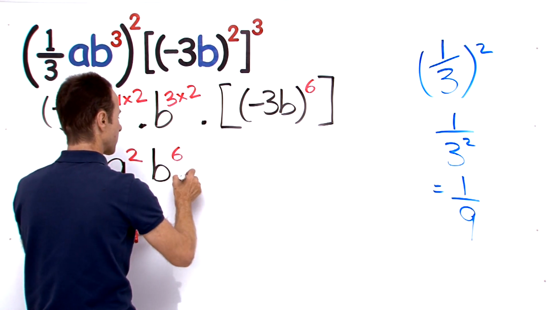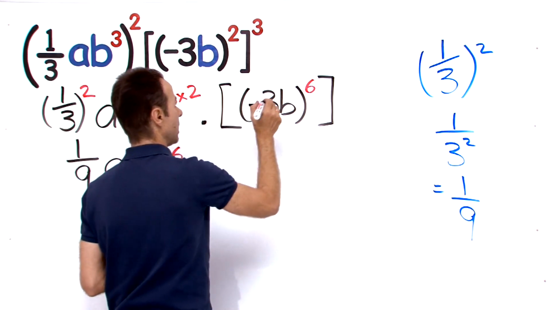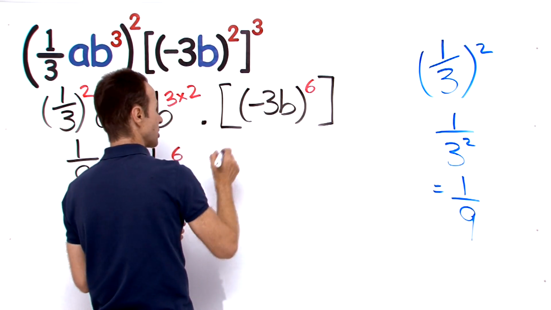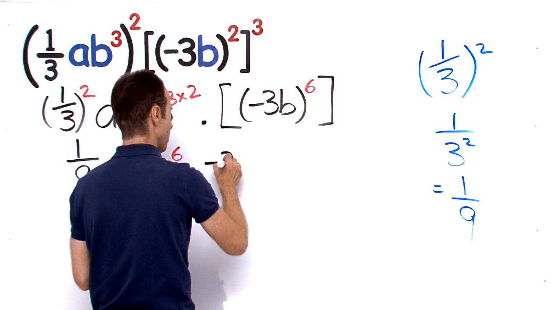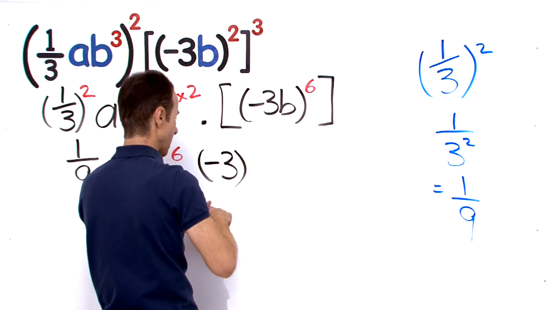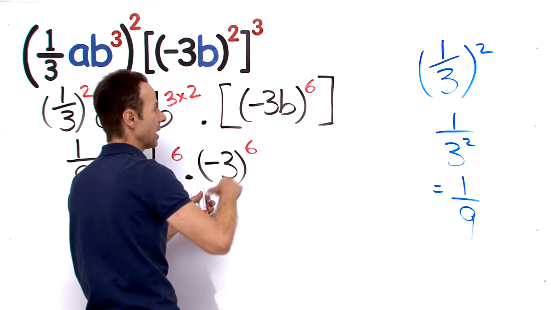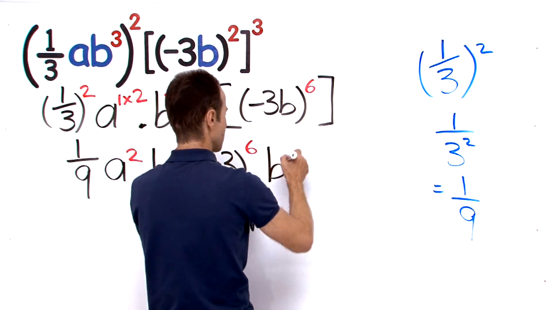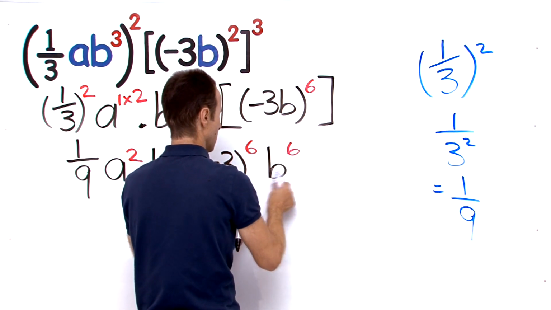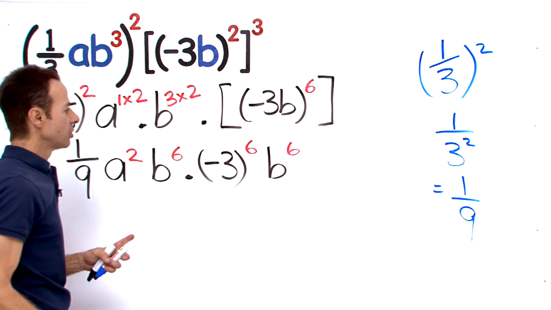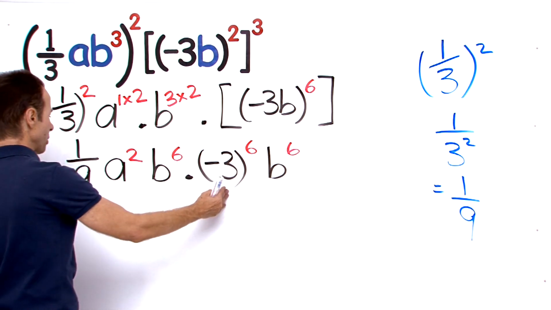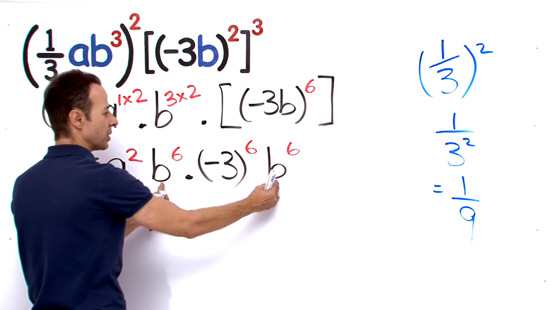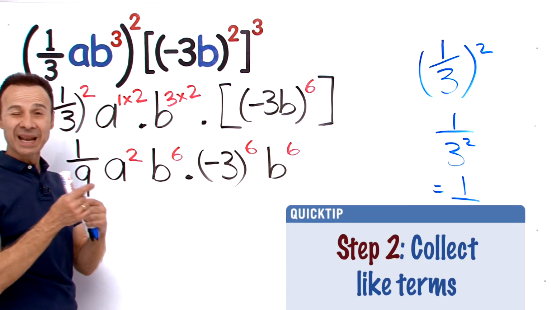Multiplied by, now here we're going to apply the 6 to the negative 3 and the 6 to the B. So it's multiplied by negative 3 to the power of 6, and B to the power of 6. Now what we're going to do is collect like terms. We're going to take the number with the number, the A that's by itself, and then the B with the B, so we've got the same bases, and we can add those powers.